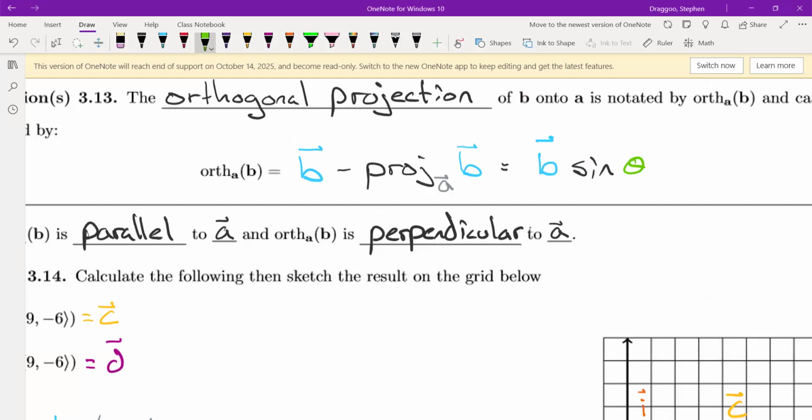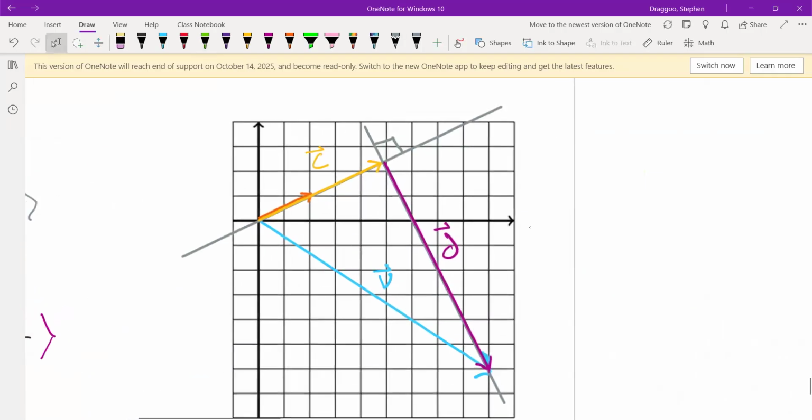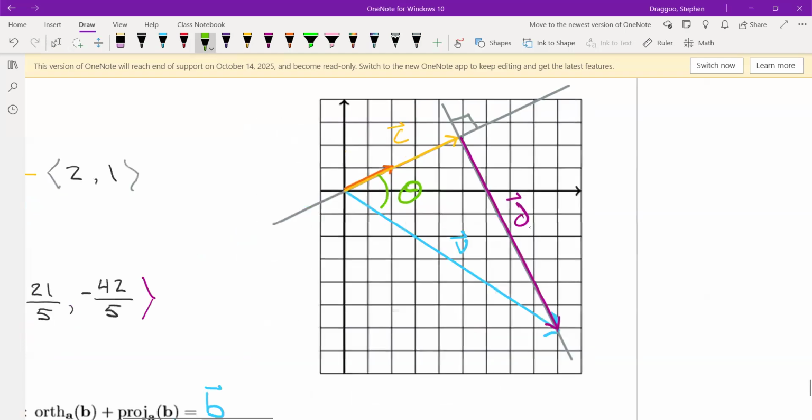Where the regular projection was b cosine theta, the orthogonal projection will be b sine theta. If we take it back to trigonometry, that makes a ton of sense. That's our angle theta. Our regular projection, the yellow one, is the adjacent side, and adjacent is cosine. Our orthogonal projection, the magenta one, is opposite, and opposite is sine theta.